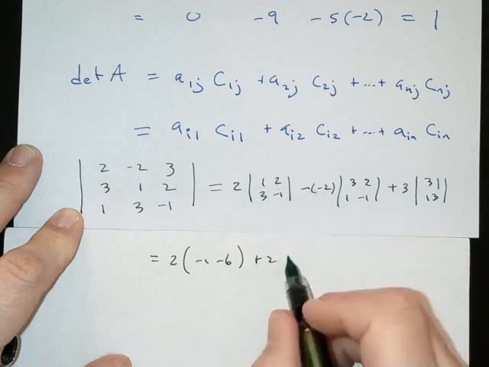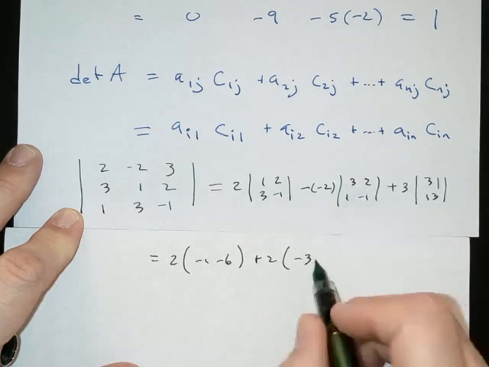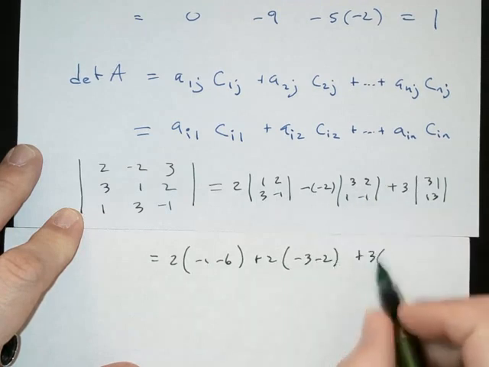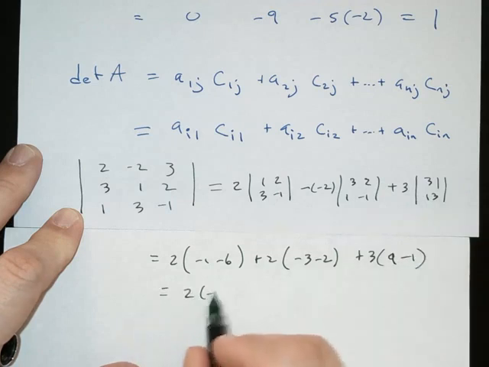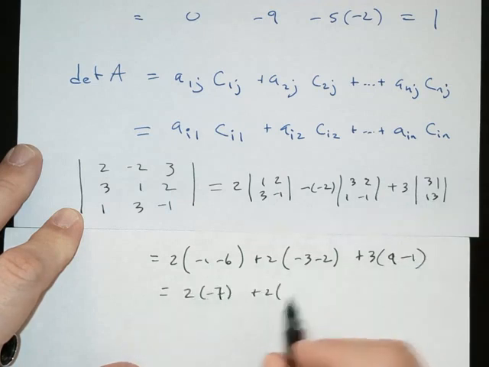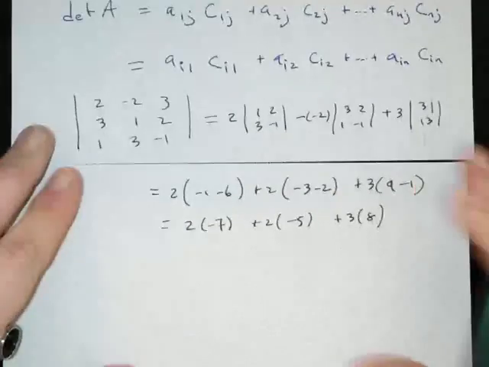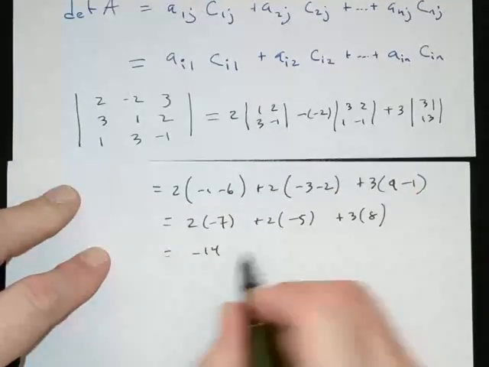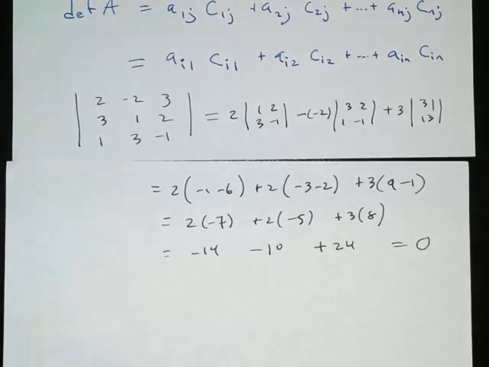Again, plus 2 because the minus subtract cancels. Negative 3 minus 2 plus 3 times 9 minus 1. 2 times minus 7 plus 2 times minus 5 plus 3 times 8. Minus 14 minus 10 plus 24 is 0. This matrix is not invertible.